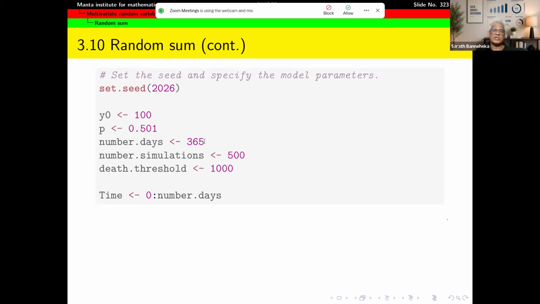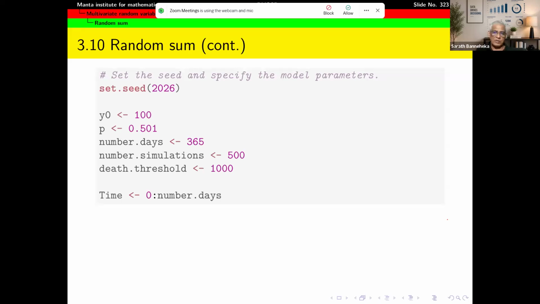So we are going to consider 365 days. So T will be 365 that I'm considering. So I will be considering 500 possibilities. So let's consider, for example, 100 cells and then allow it to change according to this procedure, and then look at the situation after 365 days.